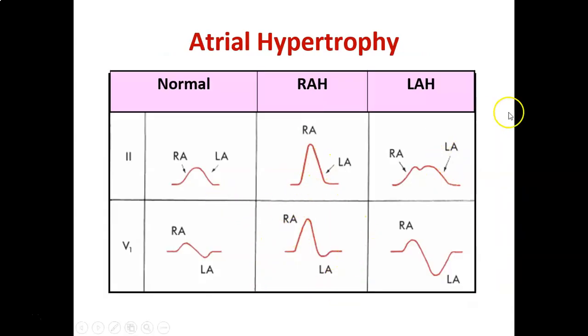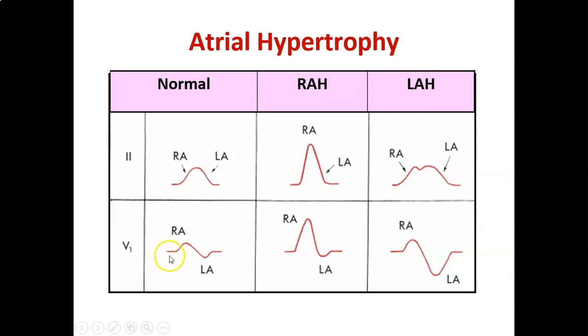So the atrial hypertrophy in one slide: you have to look at lead 2 first. This is the normal shaped P wave, where the left side is the left atria and the right side is the right atria. In case of right atrial hypertrophy, the P wave becomes very tall, more than 2.5 mm. In case of left atrial hypertrophy, it becomes wide and notched. You can further strengthen your diagnosis by looking at V1.